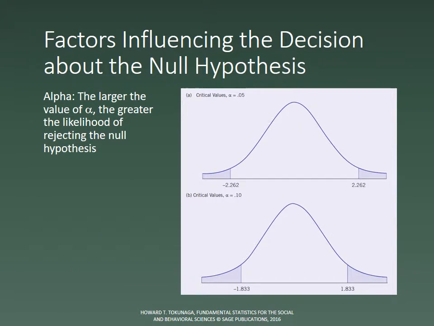Another influencing factor is the alpha level. The larger the alpha level, the greater the likelihood of rejecting the null hypothesis. So in this image, there's a critical value for the alpha level that we will be using, which is an alpha of 0.05, and then there's a critical value for an alpha of 0.10. The alpha level of 0.10 has a bigger window of rejecting the null hypothesis.